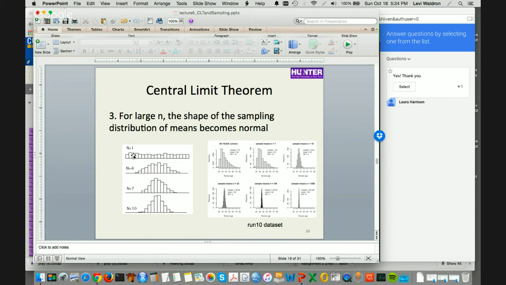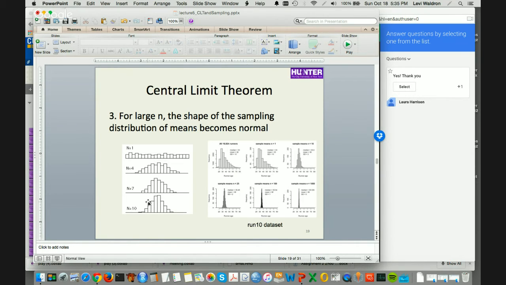On the left, here's an example of a uniform distribution, let's say of ages. If you take samples of size 4, then the distribution of the means of those samples starts looking more normal. And the larger the sample size, up to 7 and 10, the narrower that distribution of sample means looks, and the more normal it looks.